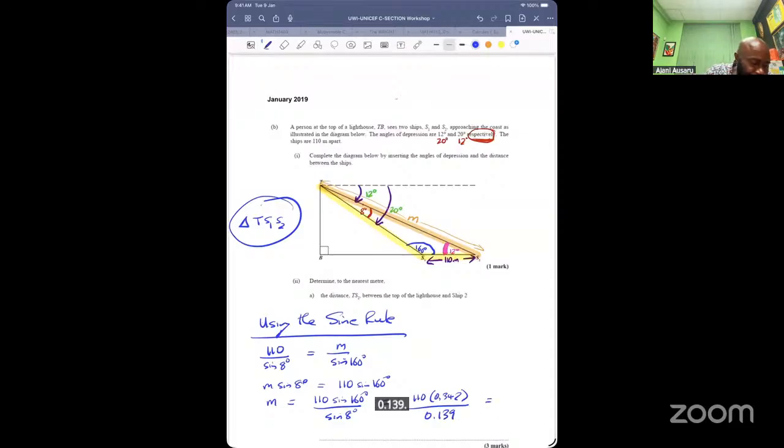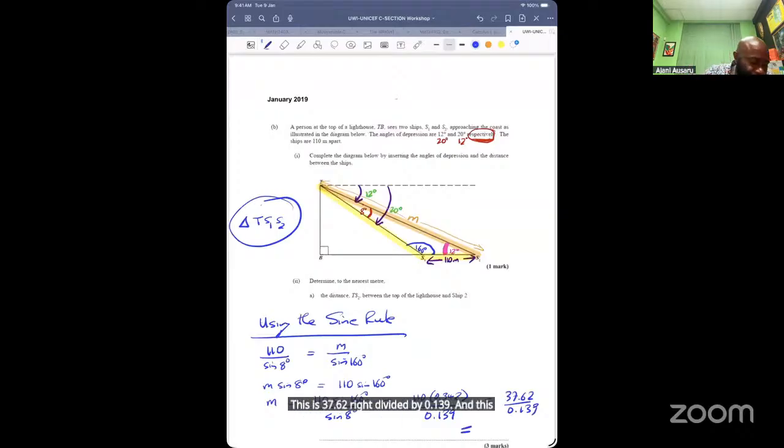So we're good. So 110 times the 0.342, right? This is 37.62, right? Divided by 0.139.